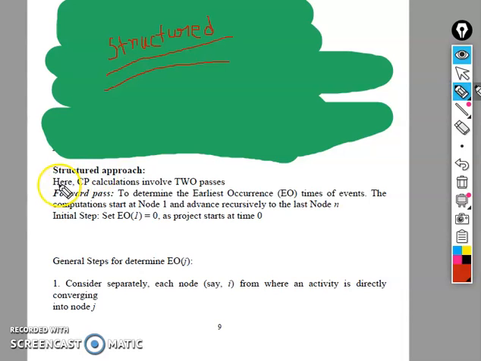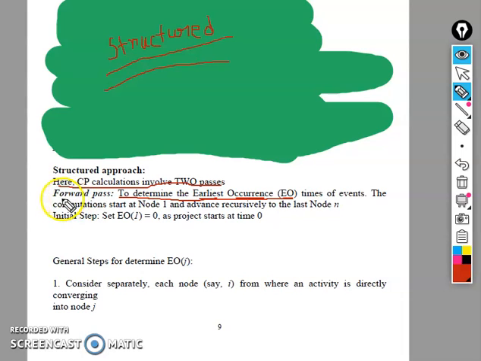The critical path calculation involves two passes, as we mentioned in the last lecture. One is to determine the earliest occurrence, represented by capital EO, so it is known as the EO time of the event.